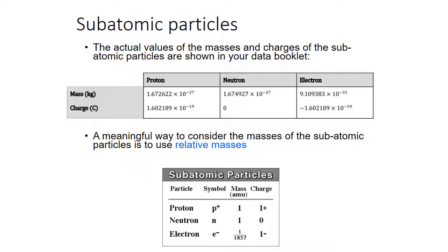The mass of an atom essentially is in the protons and the neutrons. The charges are also based around the proton, which is positively charged, and electrons, which are negatively charged. So the relative way to think of it is through relative masses. The electron is about 4,000 times smaller than a proton or a neutron, as you can see from the table at the bottom of the slide.